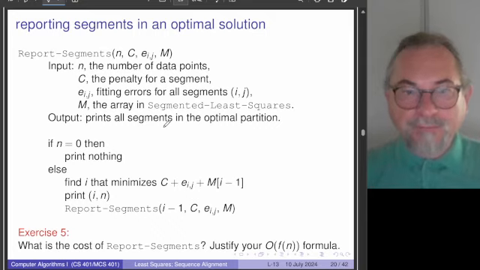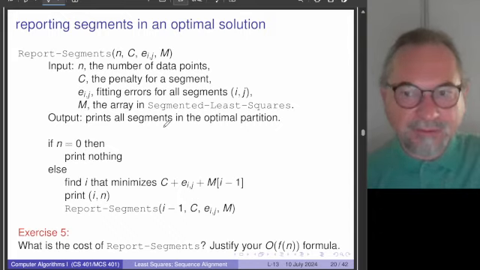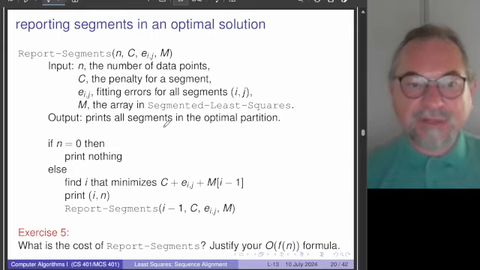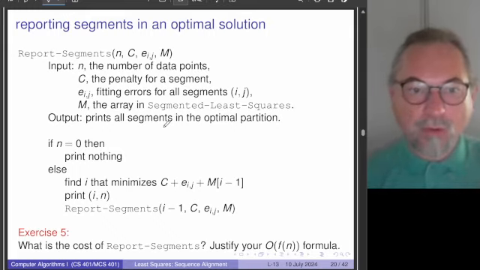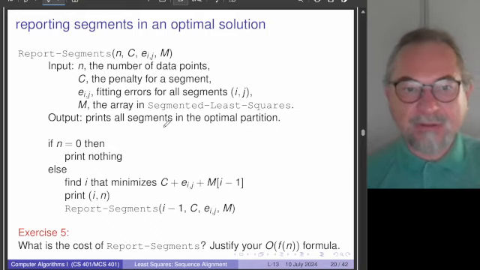So, what is the cost of this? I hope it's clear that this recursion, if you write down the tree of function calls, then you see that there is only one call that's happening to report segments at most.